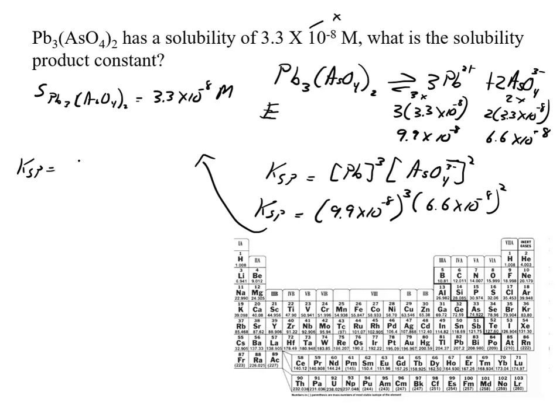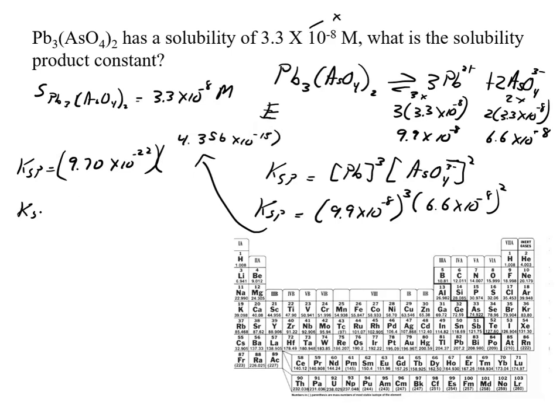So that's going to be 9.70 times 10 to the minus 22nd, times 6.6 e to the minus 8th squared, which is 4.356 times 10 to the minus 15th.